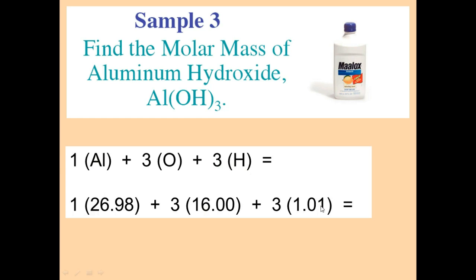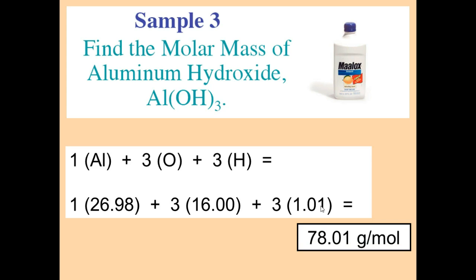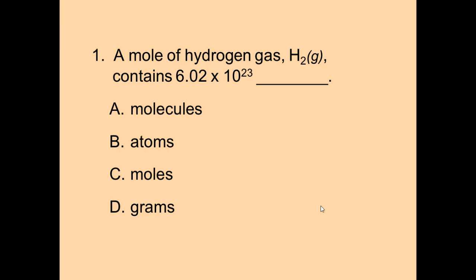So we add up these products: 26.98 times 1, which is the same thing, plus 3 times 16, plus 3 times 1.01 equals 78.01 grams per mole. And that is how we do this problem.